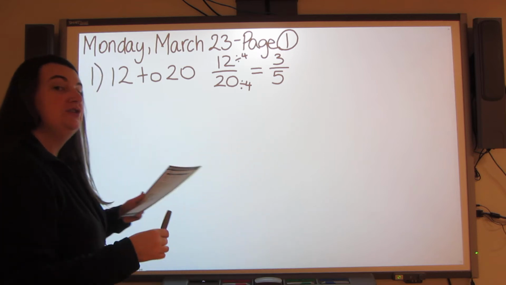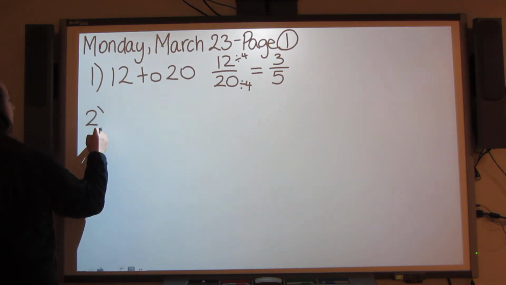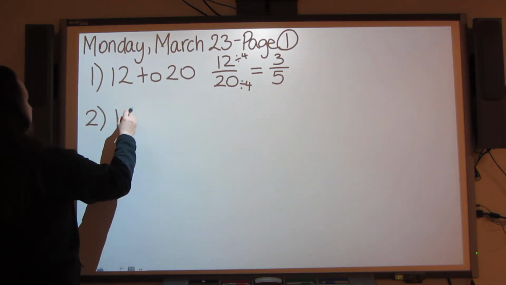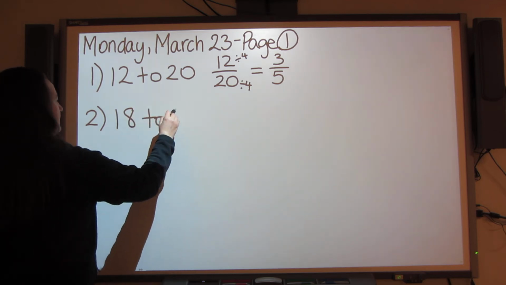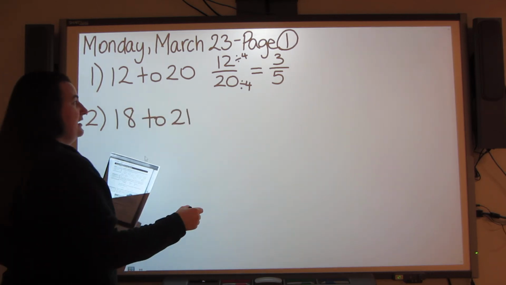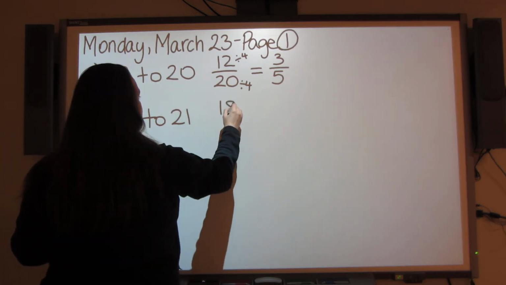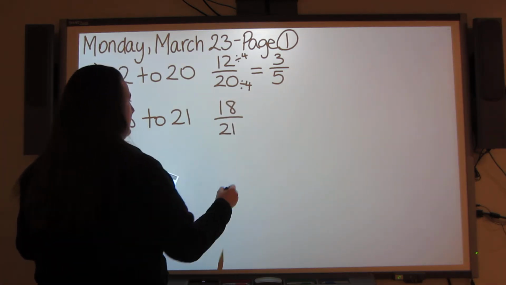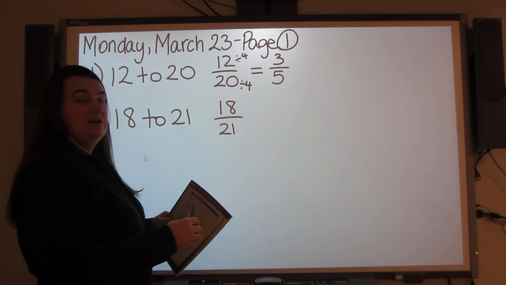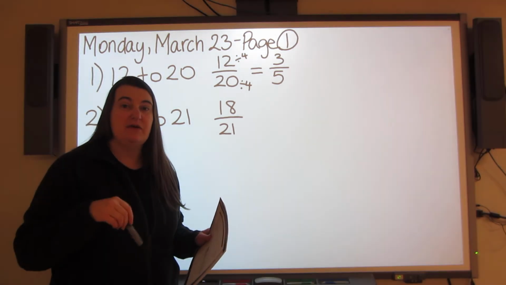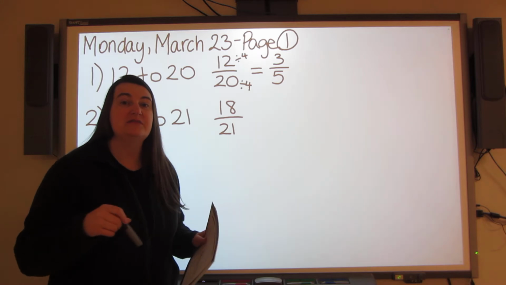So let's try number 2. You have 18 to 21. Again, you're going to change it to a fraction. So 18 over 21. And then you need to figure out what you can divide into both of them to make them lowest terms.